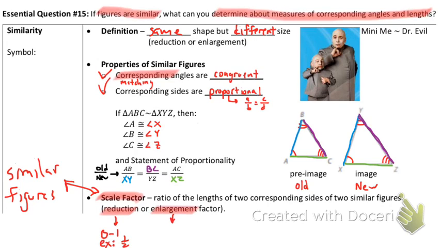When you have an enlargement, your scale factor will be bigger than 1. And that's going to be like the number 2, 3, anything bigger than 1. An example would be a scale factor of 2. So to determine if you have an enlargement or reduction, you just want to look at the scale factor. And how do you get the scale factor? You get it from your statement of proportionality.